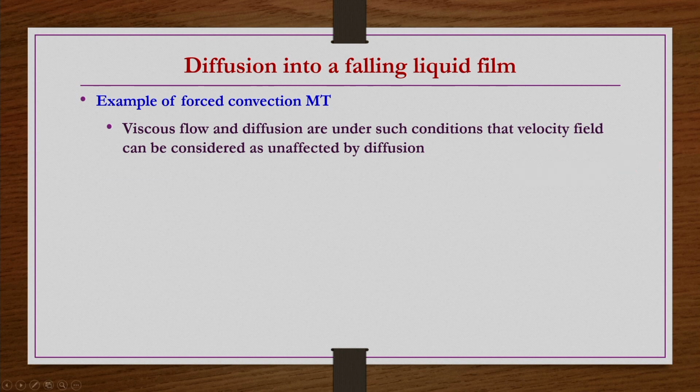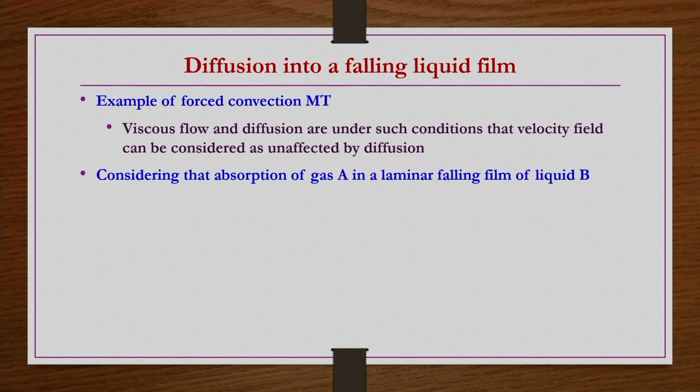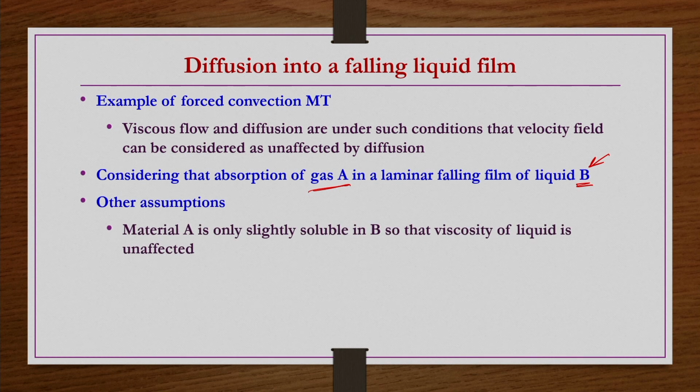Okay. So that is considering the absorption of gas A in a laminar falling film of liquid B. B is the liquid component, A is the gas which is diffusing, so this A gas is diffusing into B liquid. Other assumptions: material A is only slightly soluble in B, so that the viscosity of the liquid is unaffected.